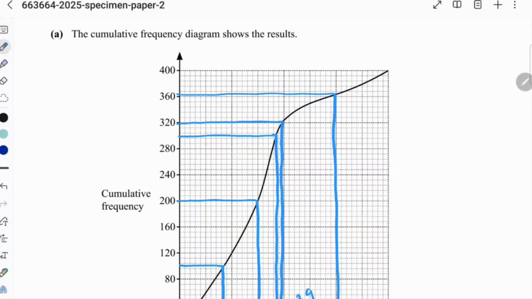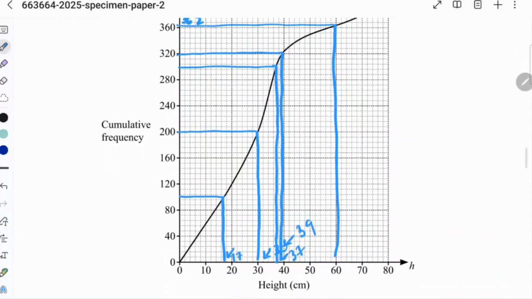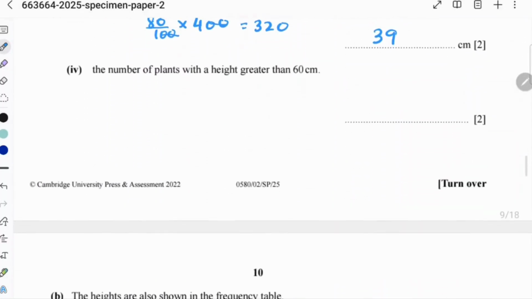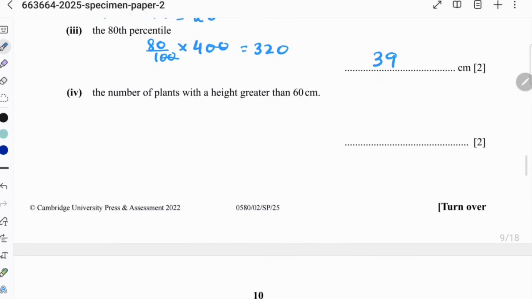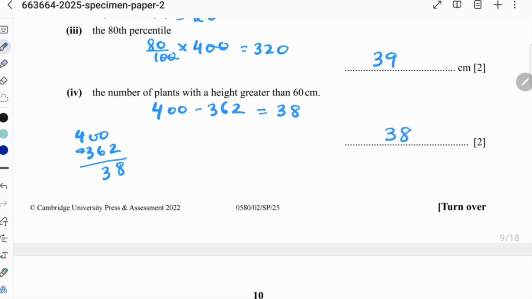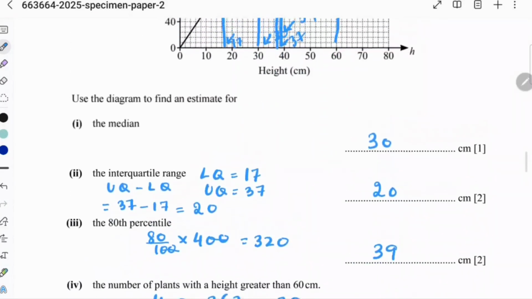So it's 362. The total is 400, so 400 minus 362 is 38. 38 is your answer. Okay, so that was your question number 16.